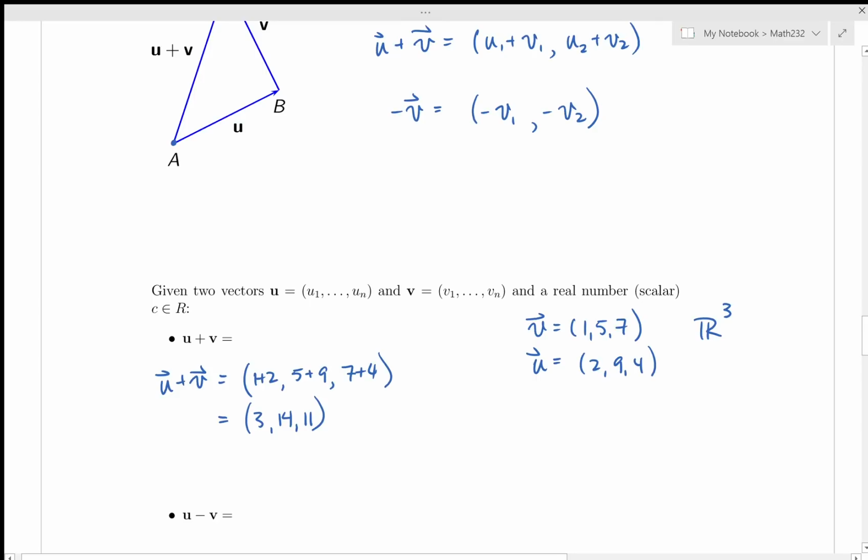Of course you could add the components the other way around, and you would see that u plus v is equal to v plus u. It's commutative. I'm stressing this point because when we get to matrix multiplication, it is not commutative.